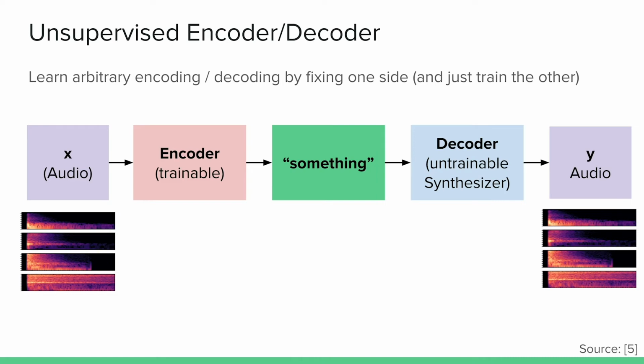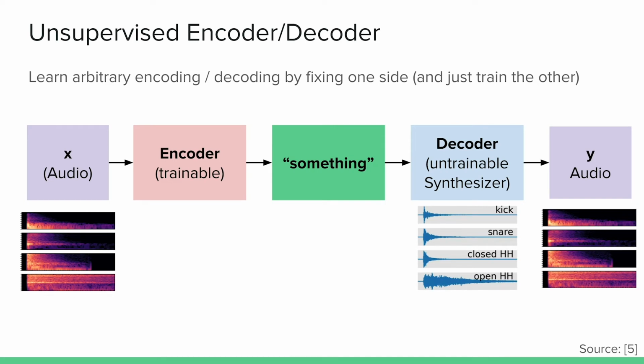In the audio domain, that decoder is a synthesizer that will create audio samples. We want, for example, to be able to recognize kicks and snare drums in your drum recording, or closed and open hi-hat. And that synthesizer, if you feed it certain inputs, will produce that sample.